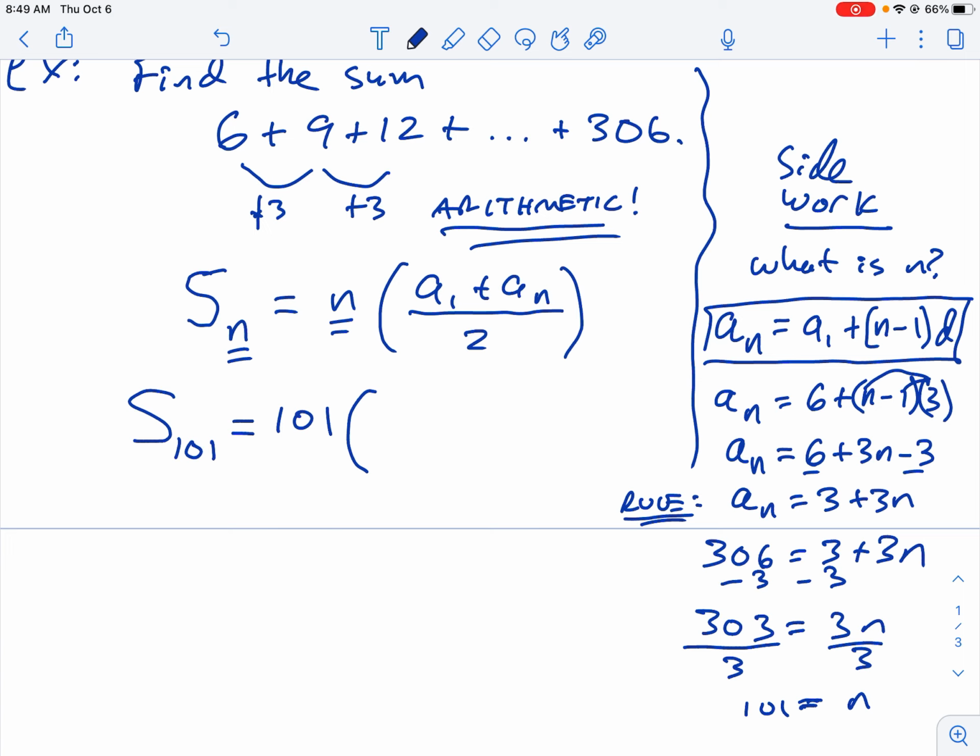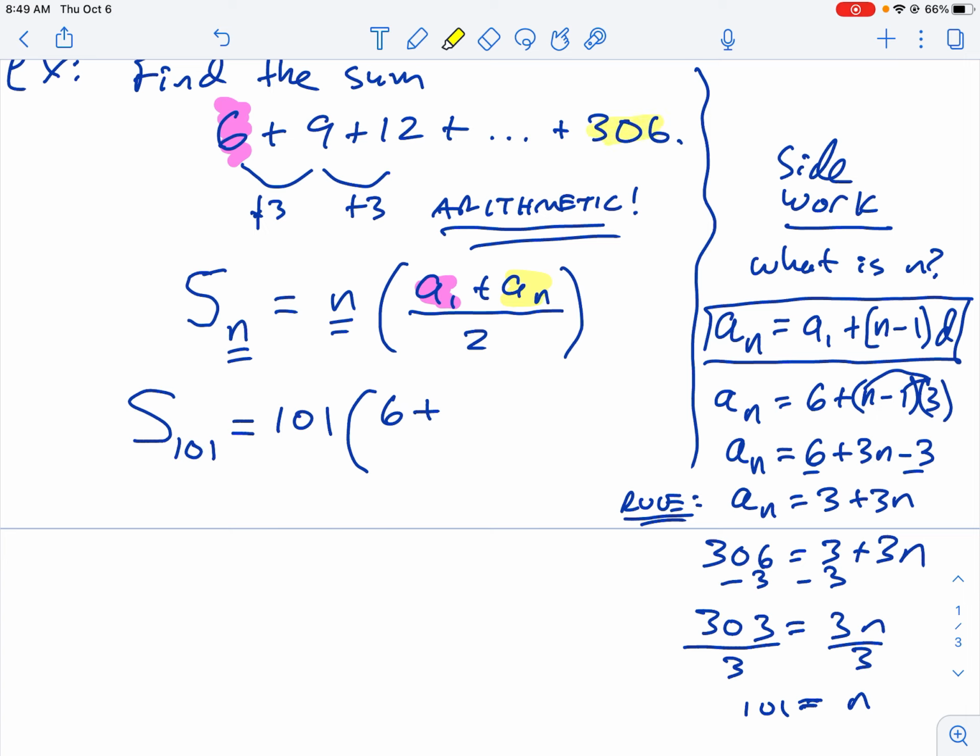What's A1? A1 is 6, right? Plus 306. Let me change the highlighter color here.